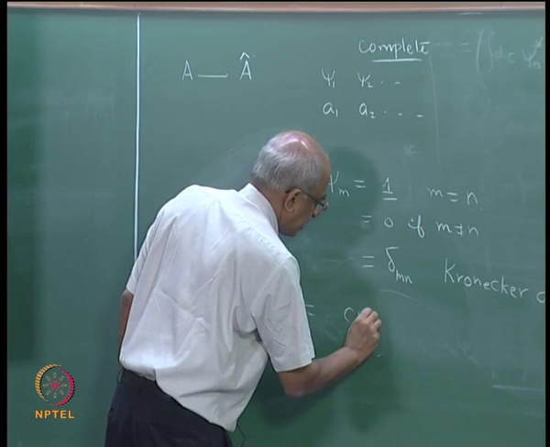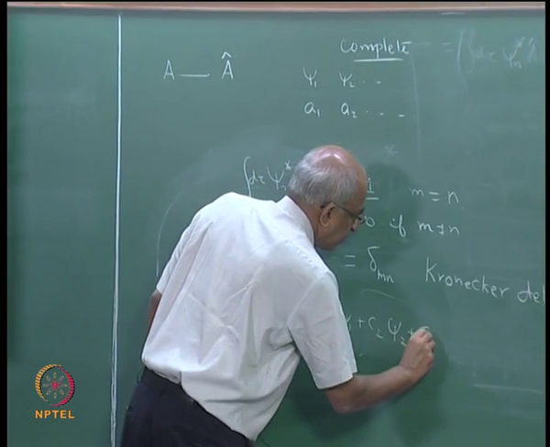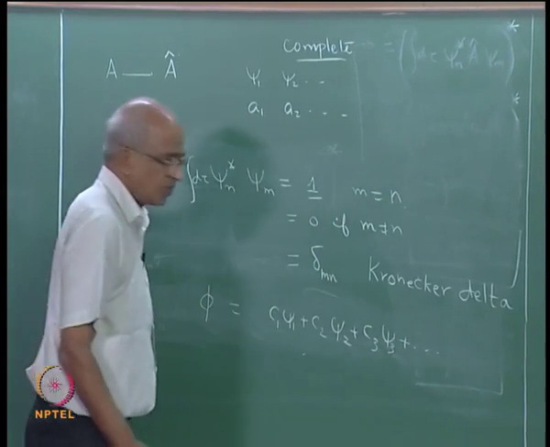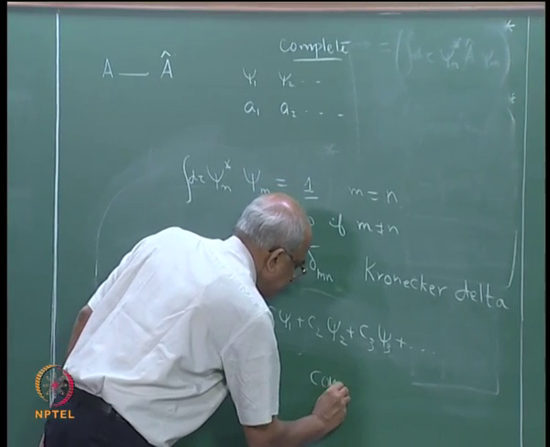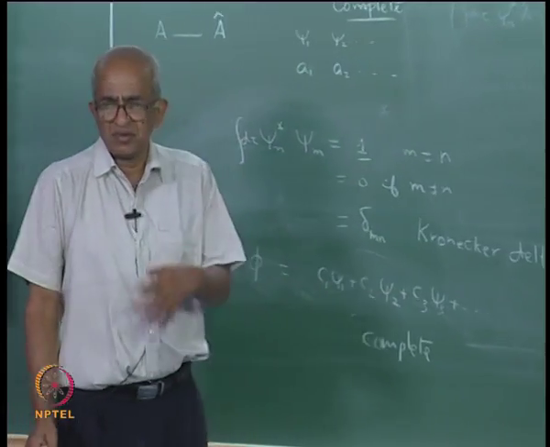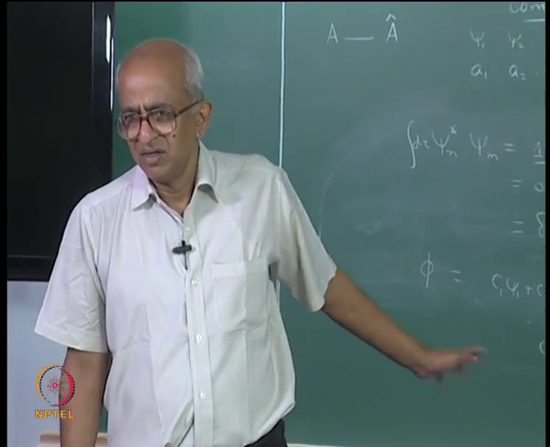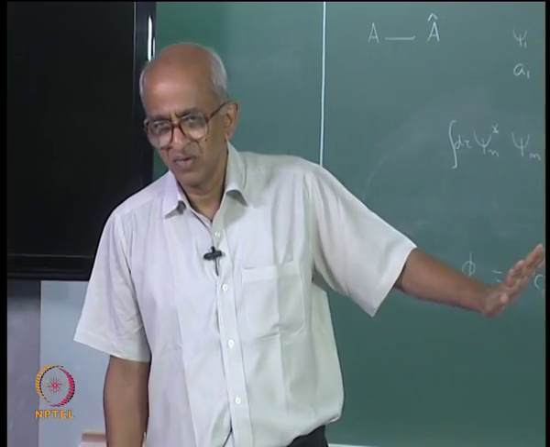You can say C1 psi 1 plus C2 psi 2 plus C3 psi 3 plus etc. So, if that is possible, then you say that the functions form a complete set, and actually all the eigenfunctions of the Hamiltonian operator do form a complete set. This is something that is rather difficult to prove mathematically, so we will leave this to the mathematicians. We will just use this information.